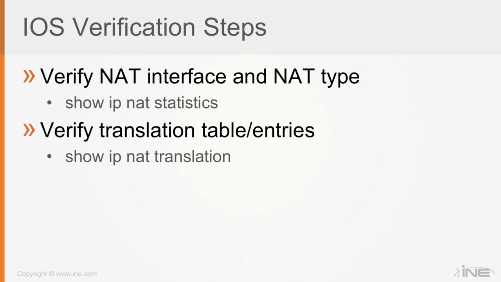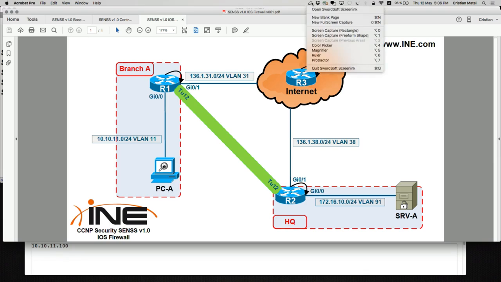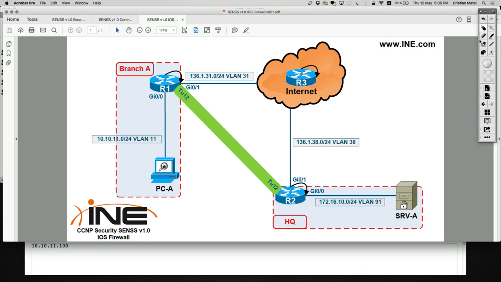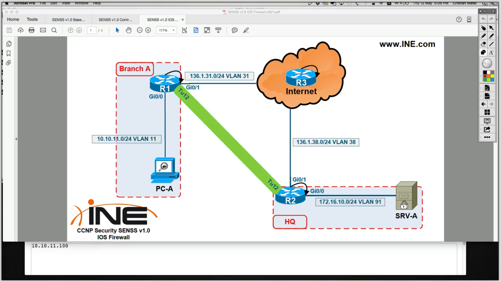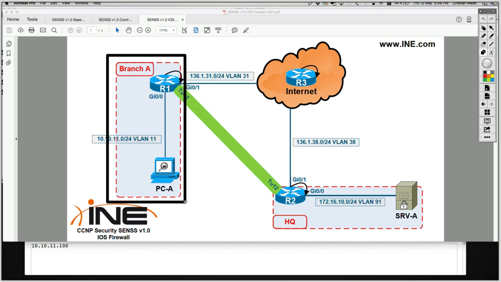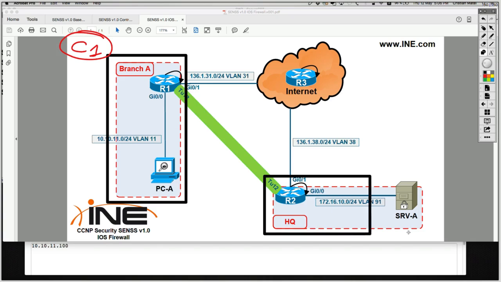Okay, now let's go to the configuration side. For the moment, initially, we're going to consider that this is not branch A. Let's say this is customer 1, company 1, and this is company 2.